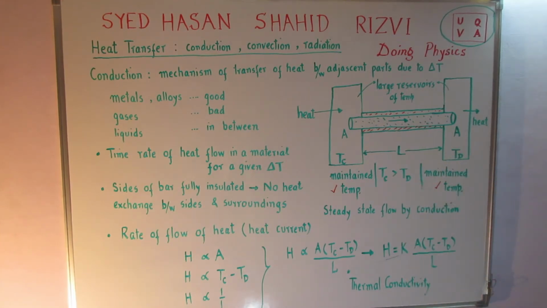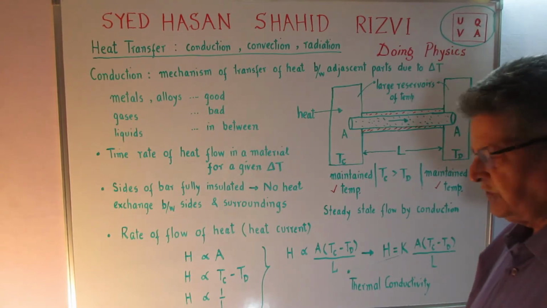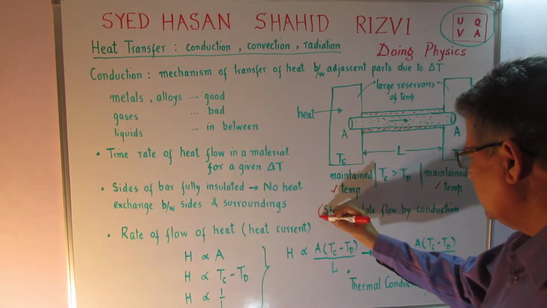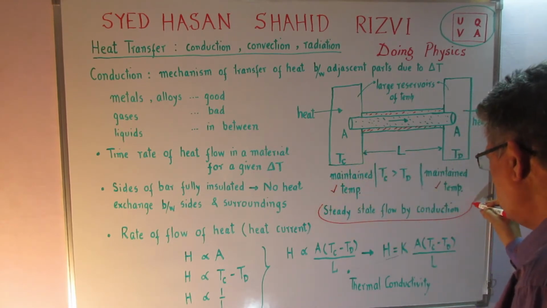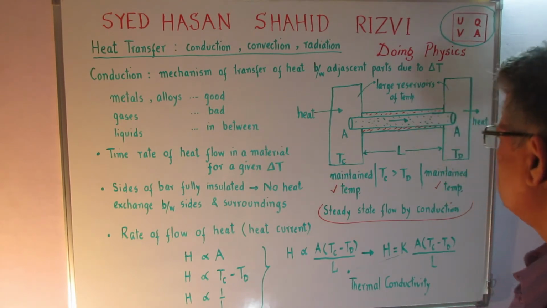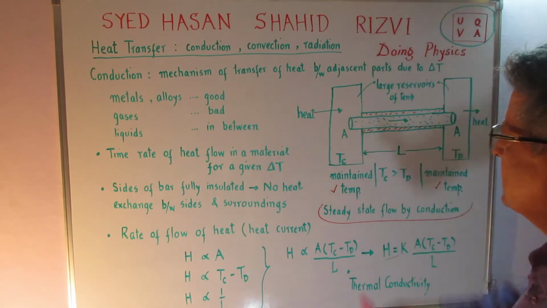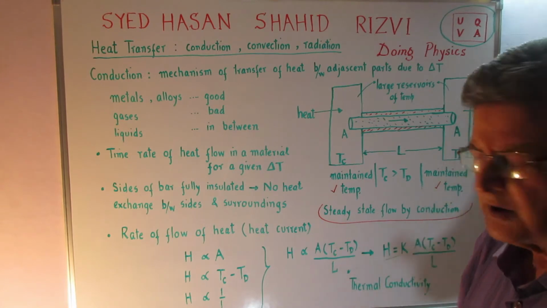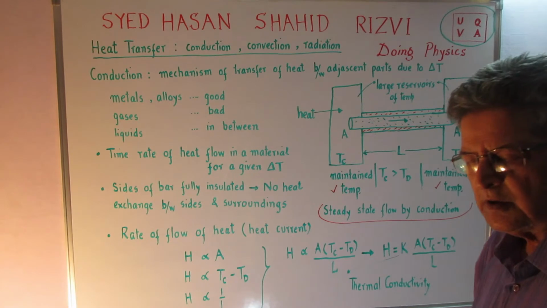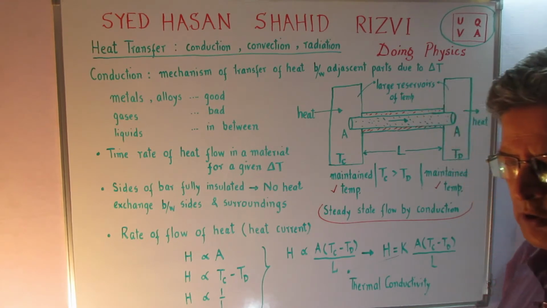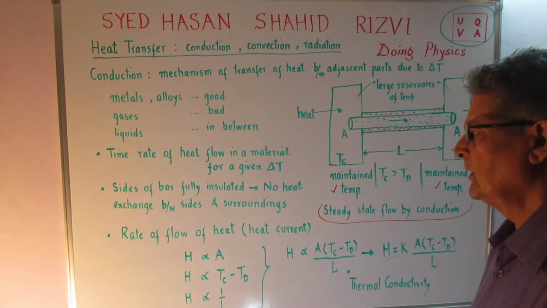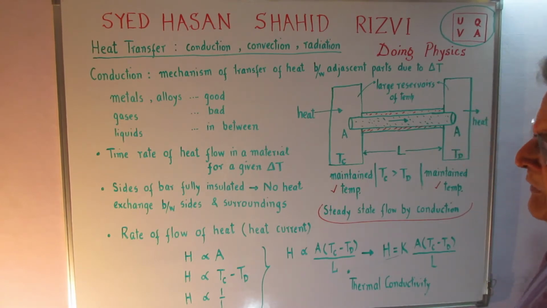Then what we wait for is that a steady state flow by conduction takes place, which we can manage and find out with the help of inserting some thermometers here and there and monitoring the temperature, to check that the Tc value and the Td value don't change. So this kind of an arrangement can be done. It's not very difficult.